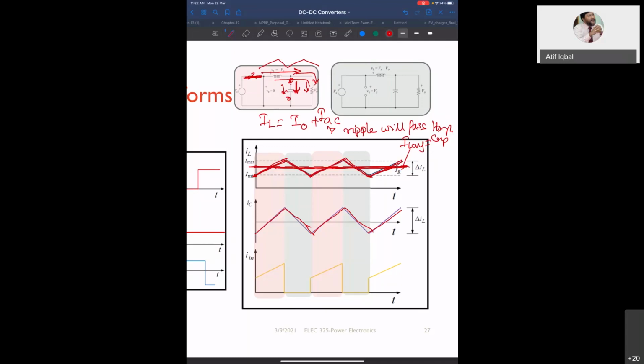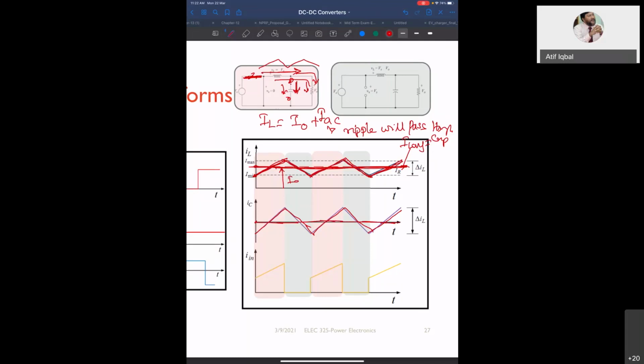When there is no DC value, this current will be symmetric about the zero axis, because this was the offset. Yes, this was the offset.